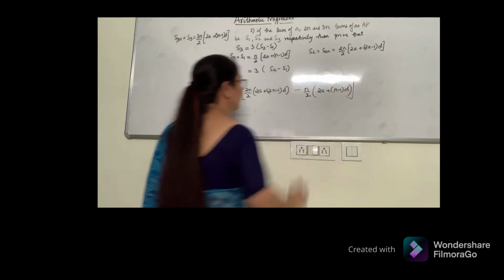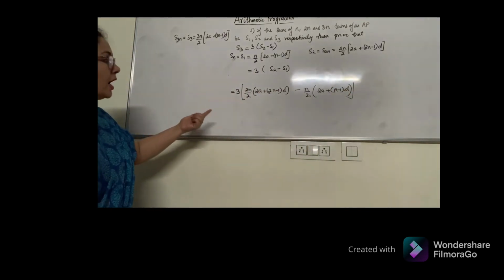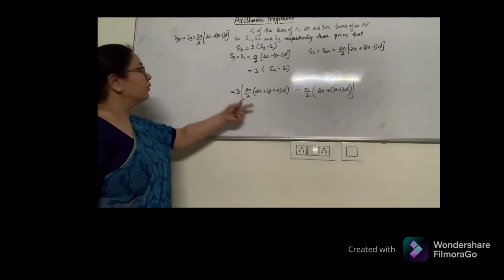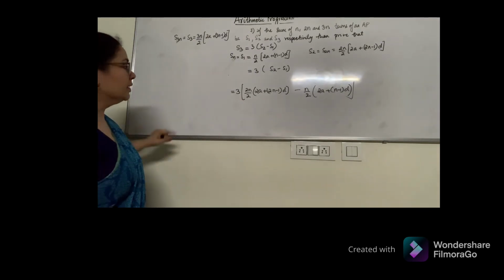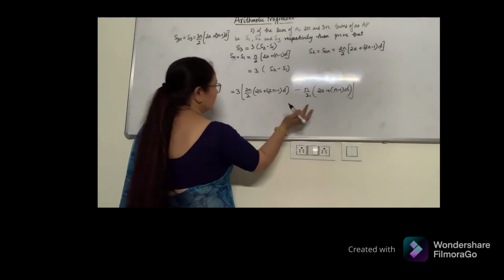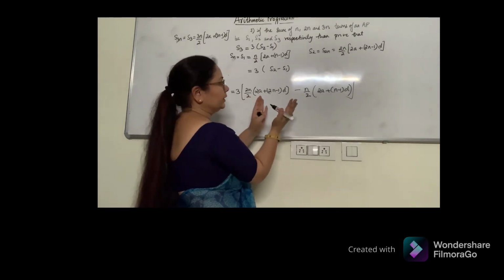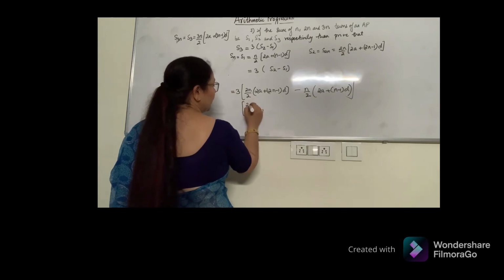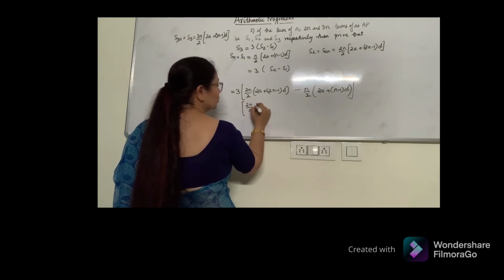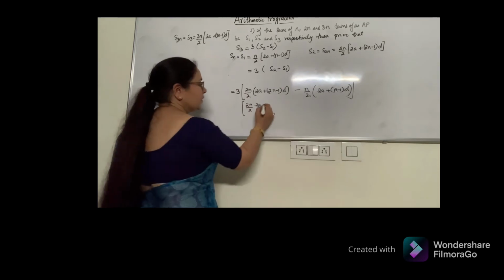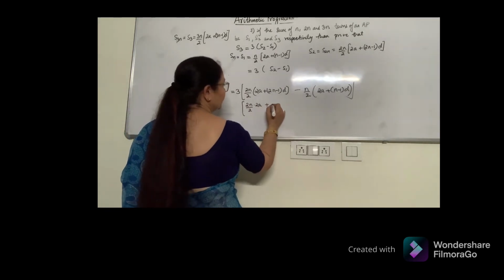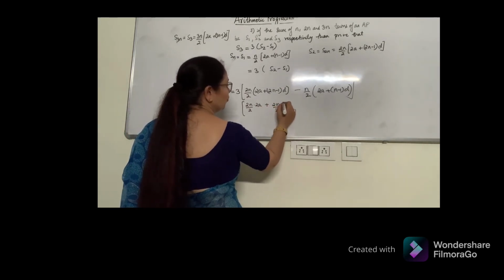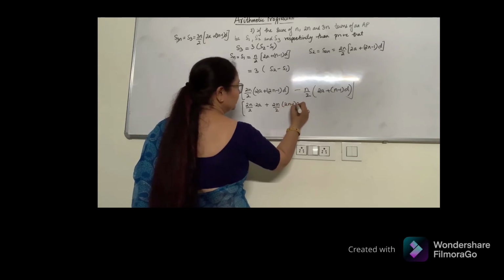We have to solve this and bring it equal to this S3. So now we'll club the 2a terms together. We'll open the bracket: 2n by 2 dot 2a, where dot means multiplication. Then again 2n by 2, 2n minus 1 d.